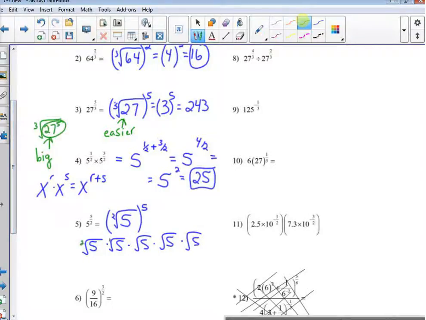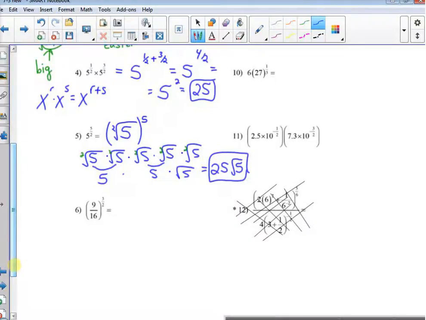Doesn't matter. And when you multiply a radical times itself, you get the radicand. So we get 5 times 5 radical 5, which is 25 radical 5.